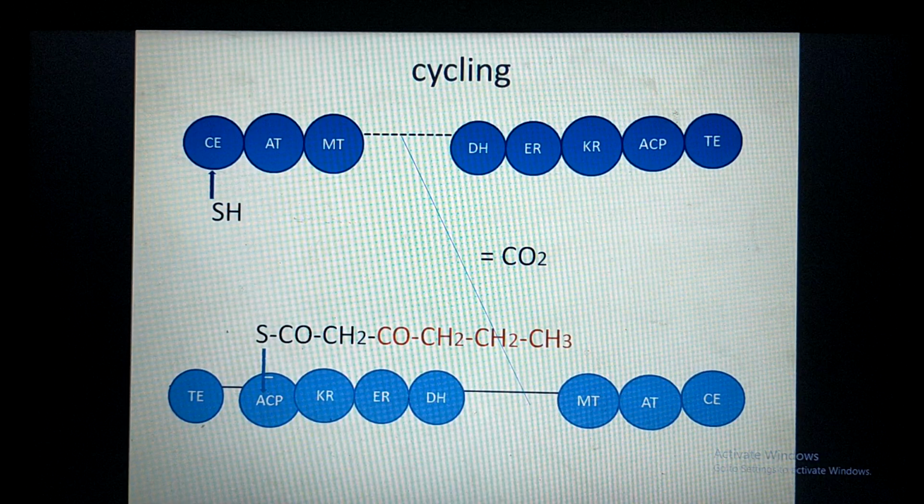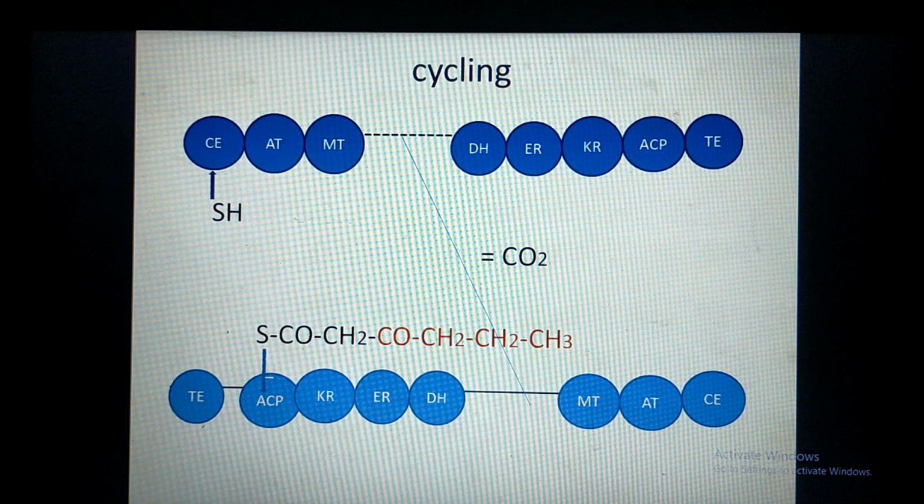In the next step, after this condensation, the same steps of reduction, dehydration, and second reduction occur, during which the CO group at beta carbon is converted into a CH2 group, and a 6 carbon acyl group is formed at the end of second cycle.